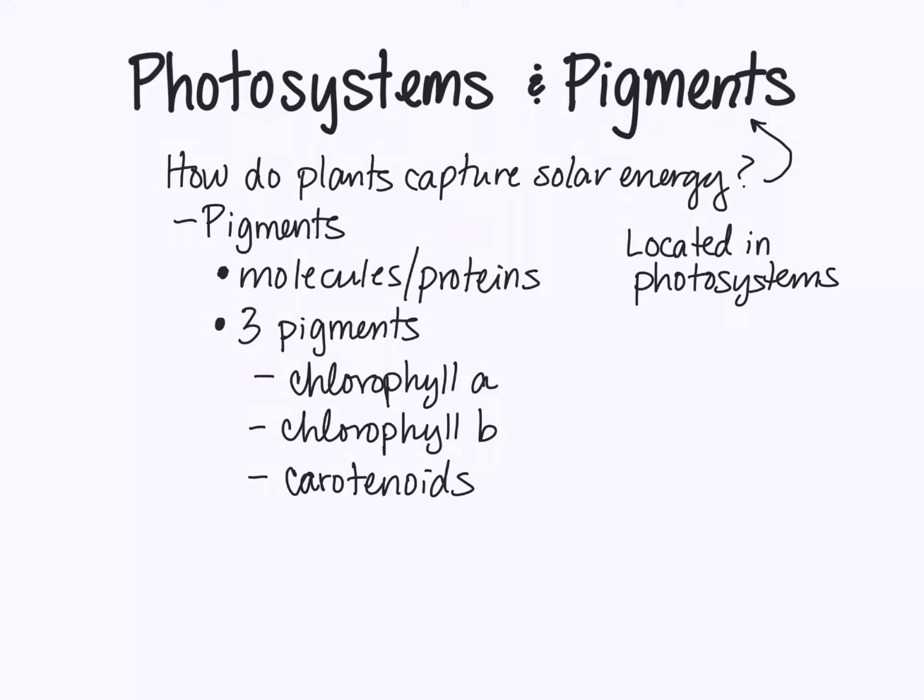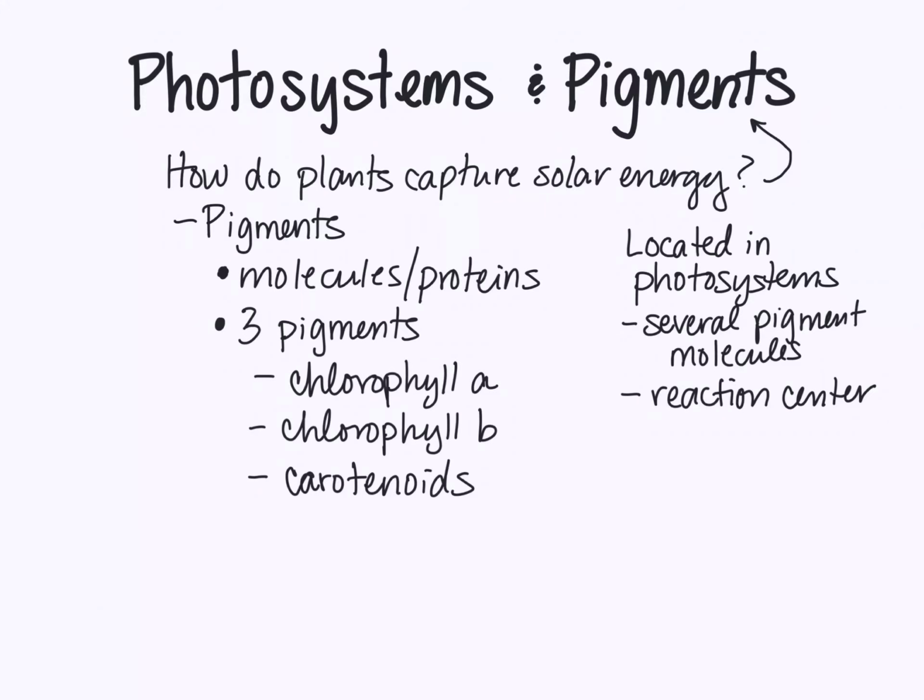A photosystem is made up of several pigment molecules, a reaction center, and an electron acceptor molecule. And these photosystems and their pigments are located in the membrane of the thylakoids in the chloroplast.